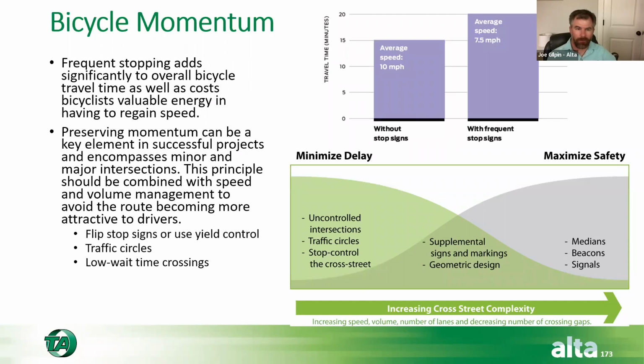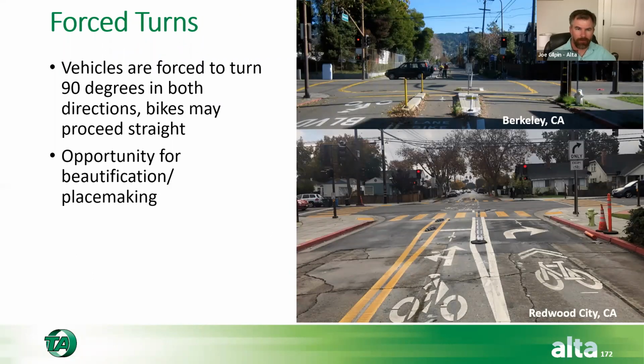Next thing, any comments on intersection treatments? There's just so much here. There are protected corners, rapid flash beacon crossings, and pedestrian hybrid beacons that have been used really well in Tucson and other areas that enable bicyclists to get across the road. There's a lot of innovation here, and these are really fun projects to work on because they make you think really carefully.